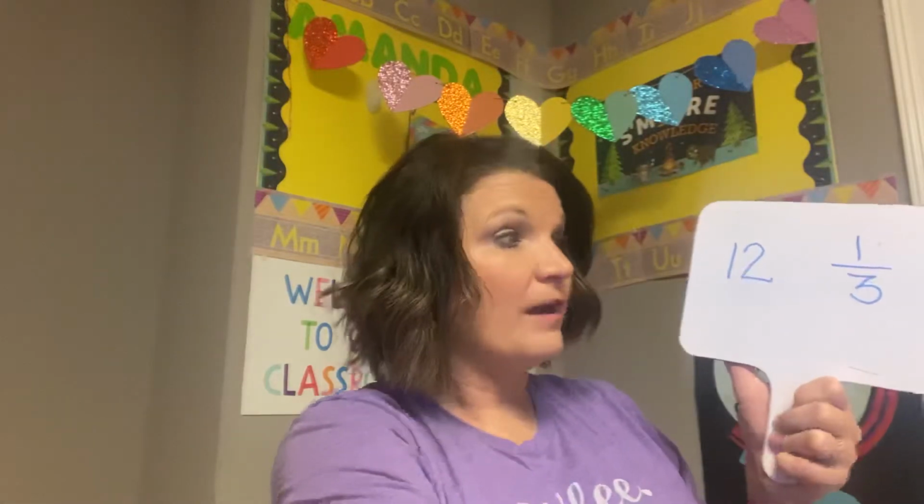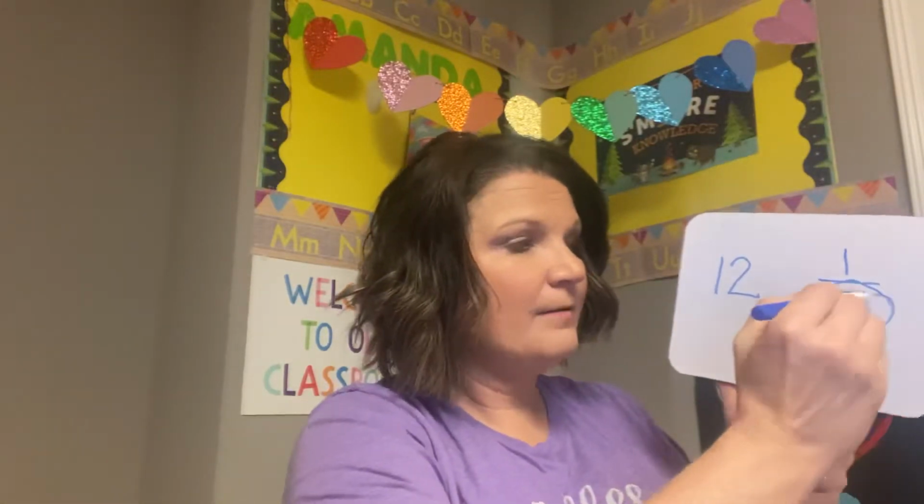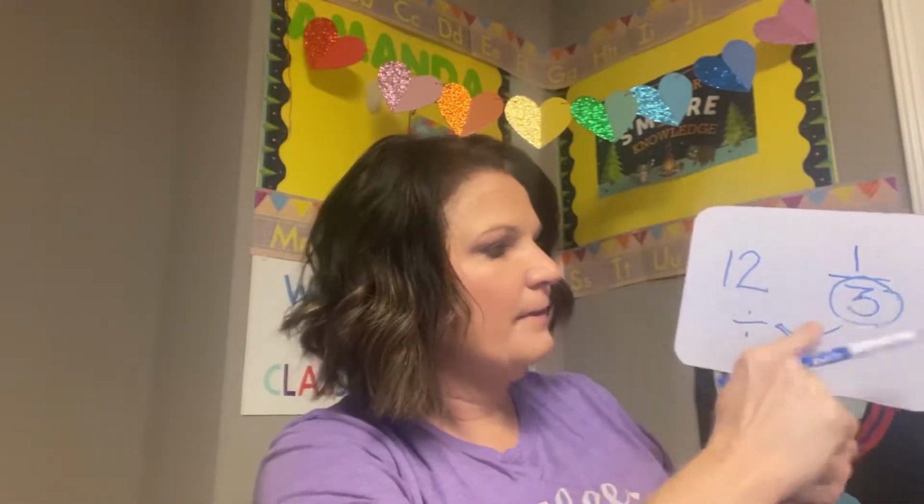So, if I said that I have 12 bottles of water, and I give Brian 1/3 of them to take to the barn. What I do is I take my number and I need to work this backwards.